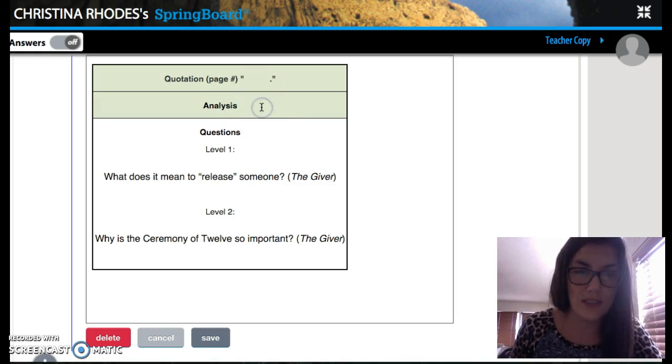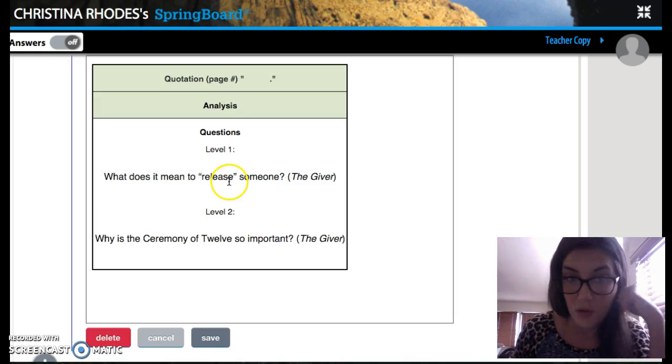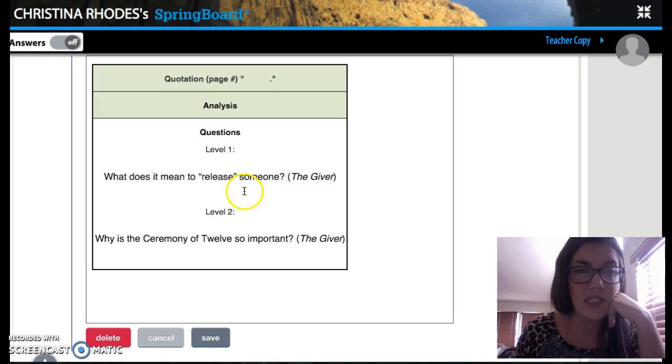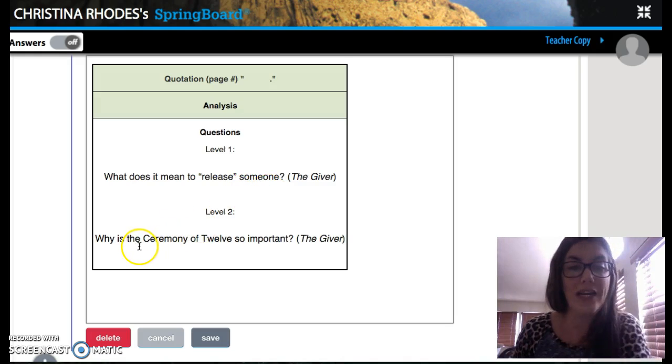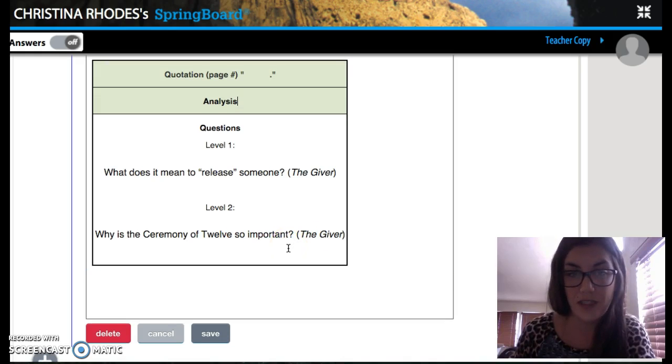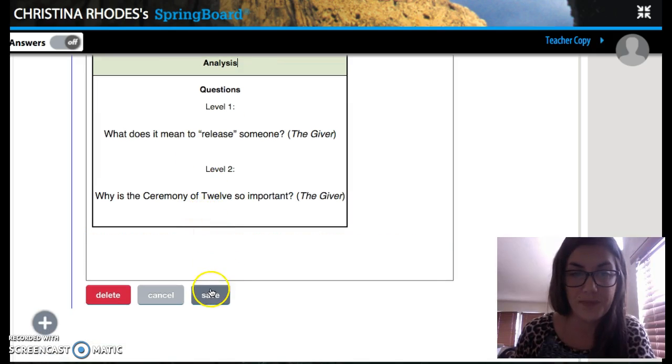Then your analysis, so how does it relate to a dystopian society or try to enforce a utopian society? Then you need to have a level 1 question, and this is just an example, but it says, what does it mean to release someone from the giver? A level 2 question, why is the ceremony of 12 so important? The giver. Okay, so you are doing a level 1 question and a level 2 question today.